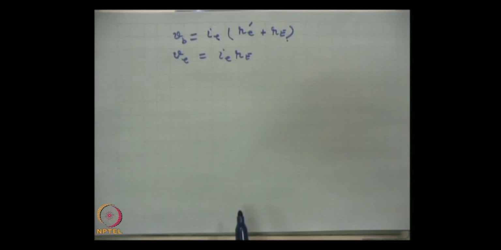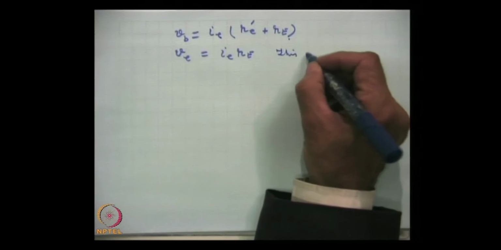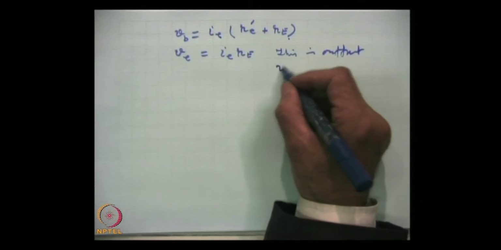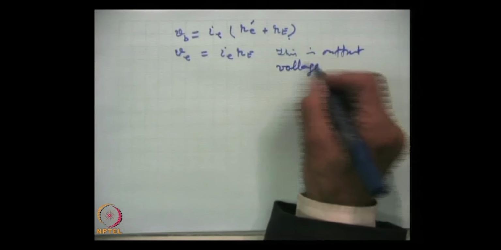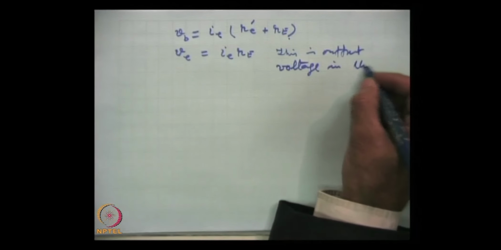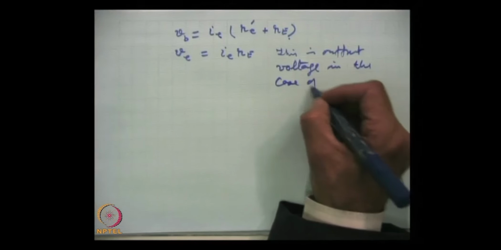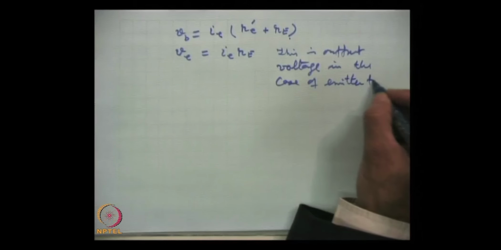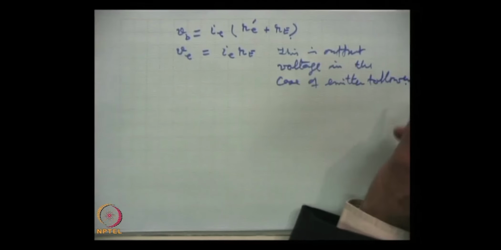So, therefore, this is now the output. V E is the output voltage in the case of emitter follower, which is under discussion at the moment.